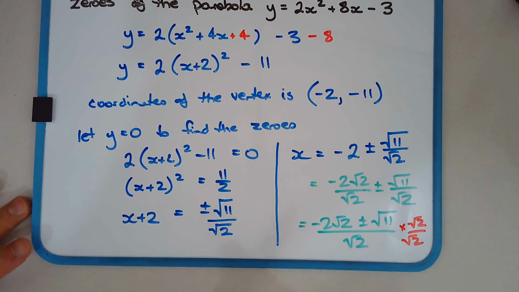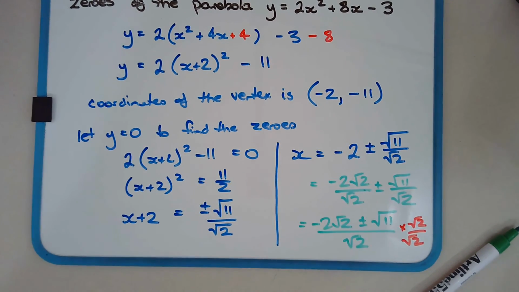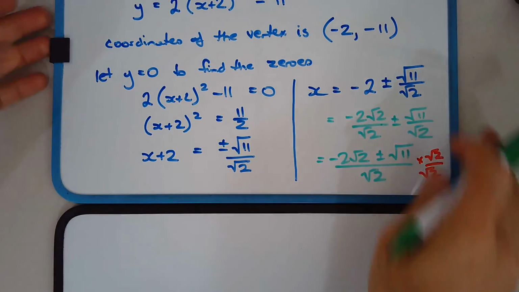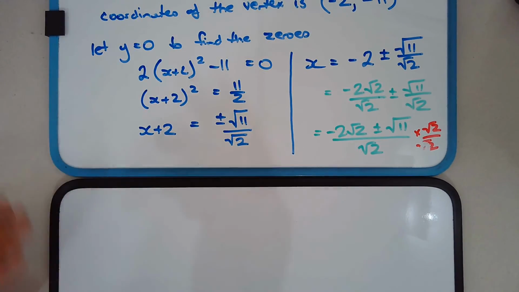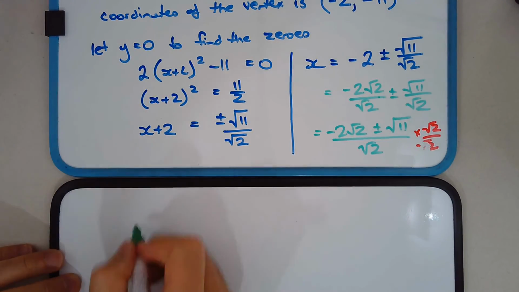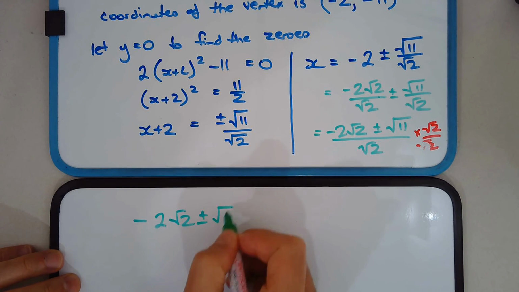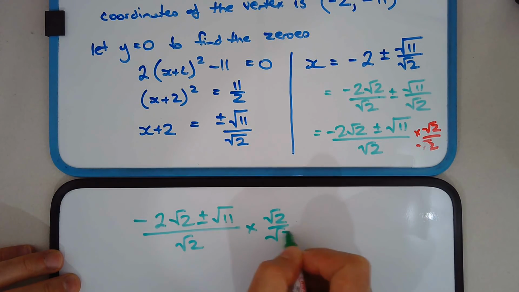I've run out of space on this board, so I'll grab another board to complete that on. So negative 2 root 2 plus or minus root 11 over root 2, multiplied by root 2 on root 2.